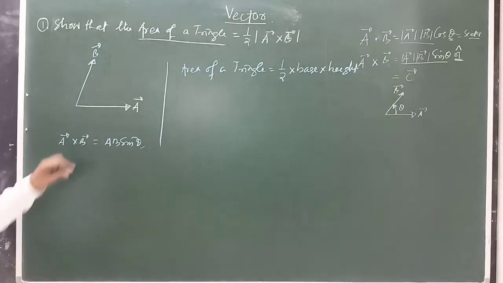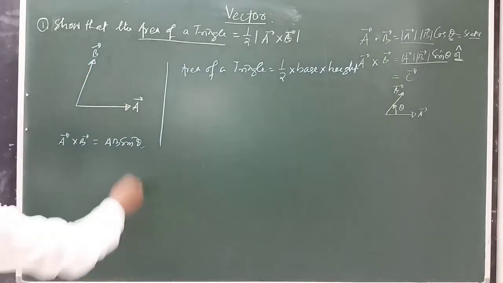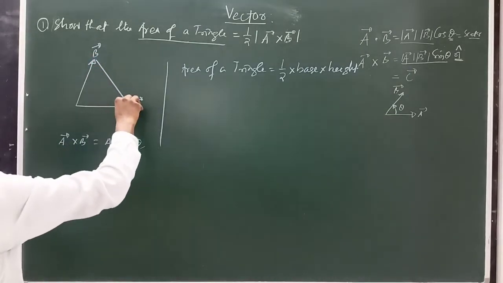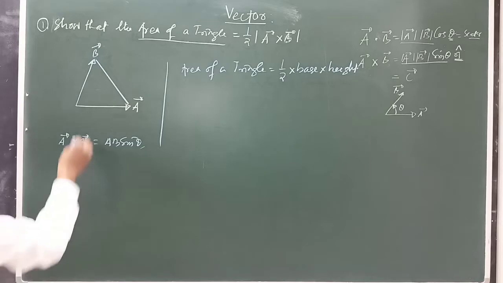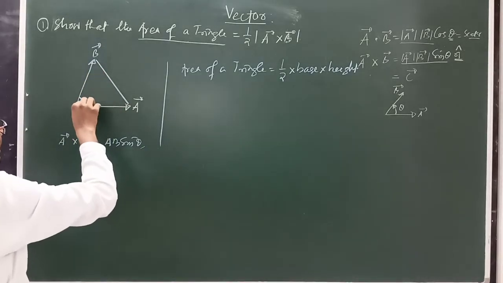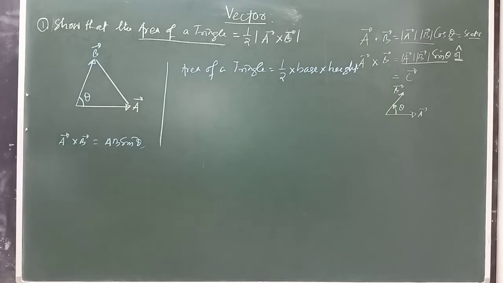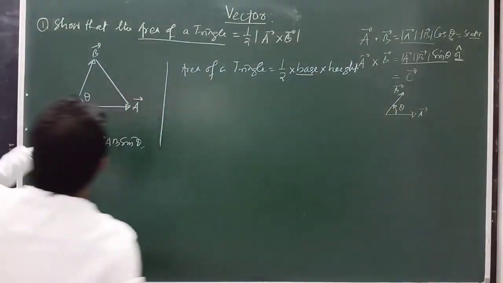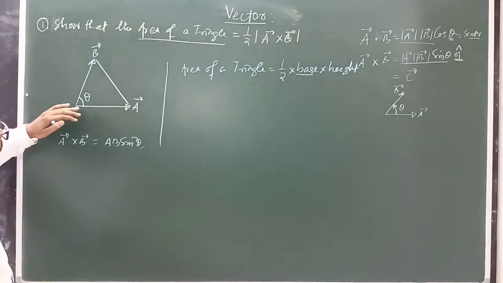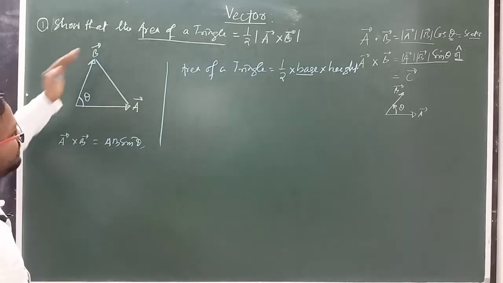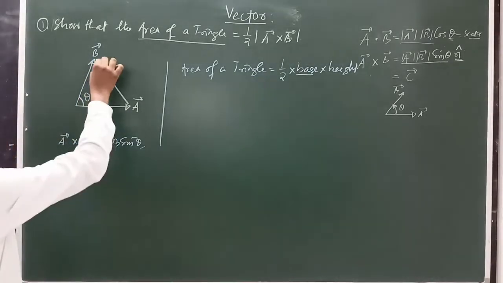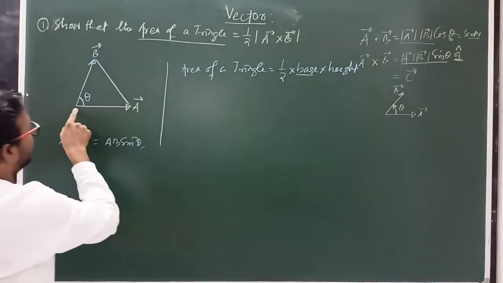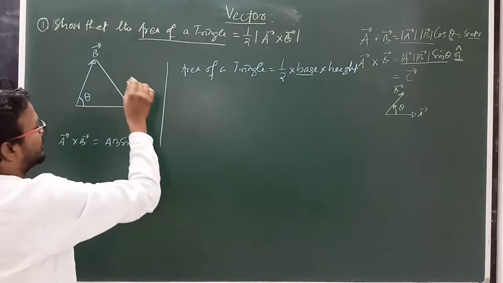So in this case, suppose this is a vector and here b vector, and they form a triangle like this. Clear? And in this case, this angle is theta. What is theta? Theta is the angle between the two vectors, vector a and vector b. So we have to find first what the base is.